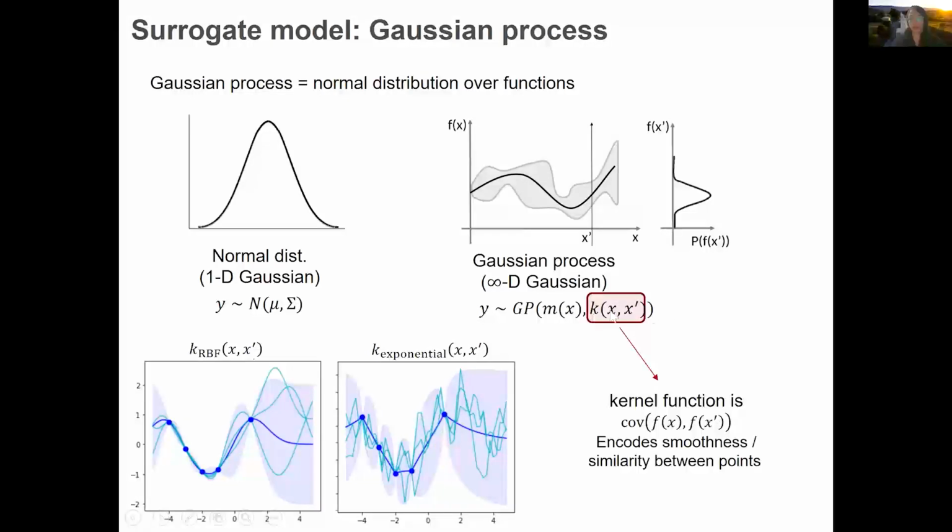This kernel function, or covariance, encodes the smoothness between two points. Here is an example of two different covariance functions. One is the popular radial basis function, one is the exponential kernel, and you can see that the smoothness of the Gaussian process looks different between those two samples.